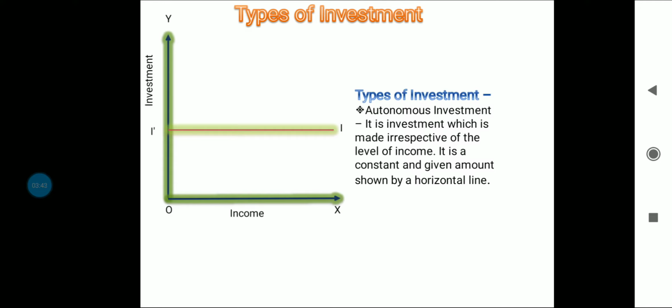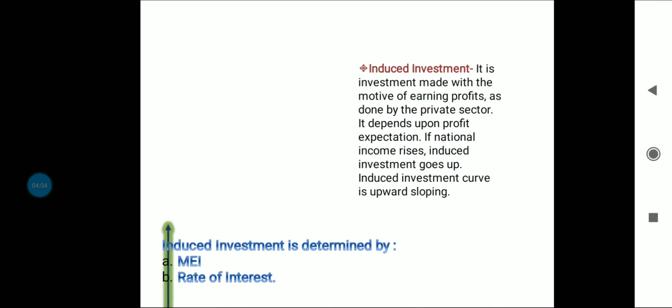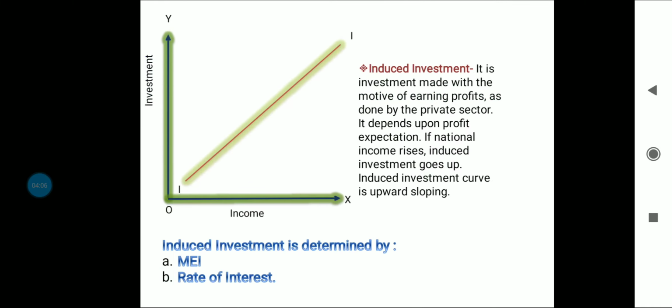Autonomous investment refers to the investment expenditure which is independent of income, whereas induced investment refers to the investment expenditure which is dependent on the level of income. The second type of investment is induced investment.